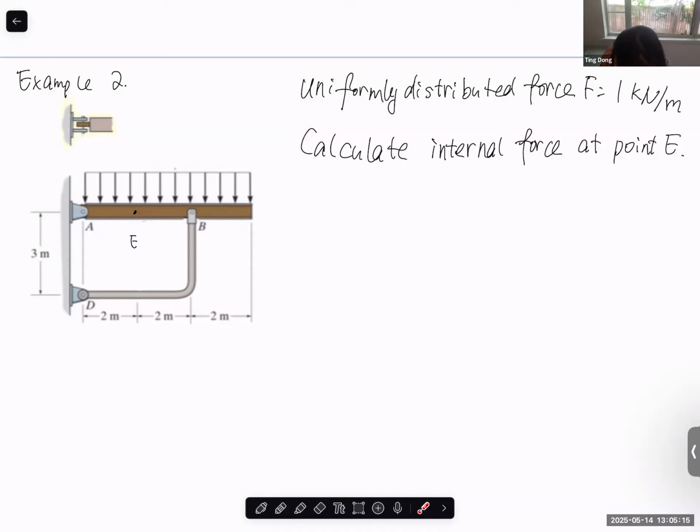So what should you do for calculating the internal force at point E?